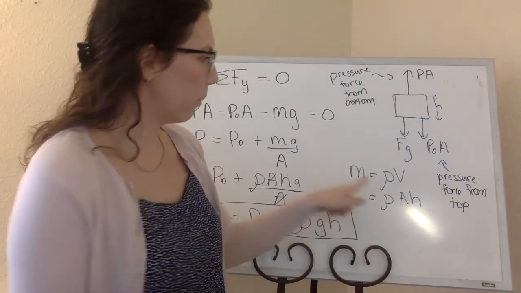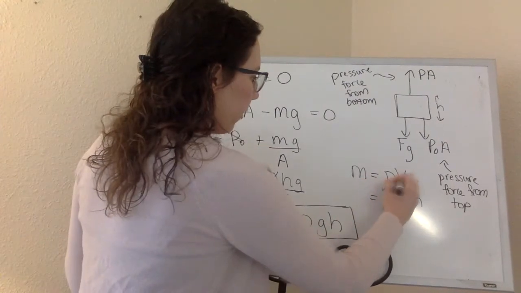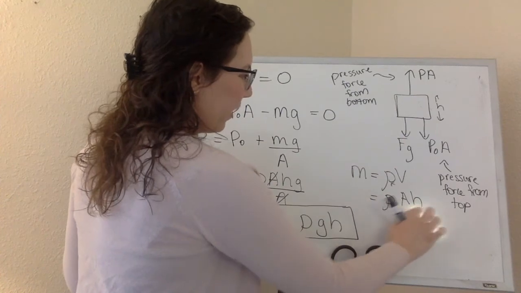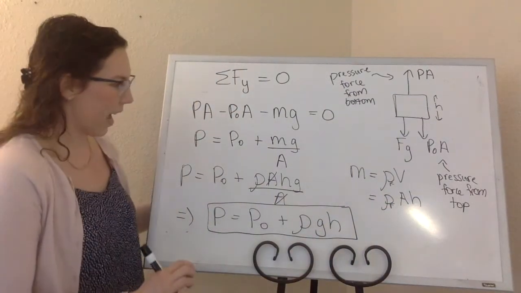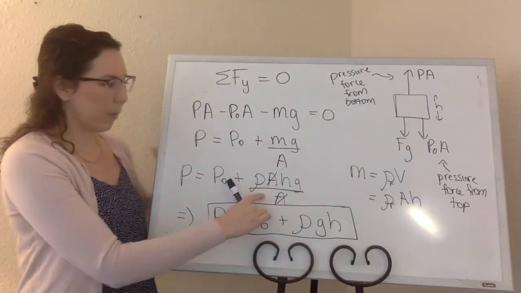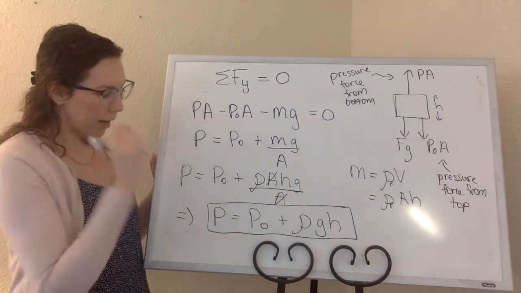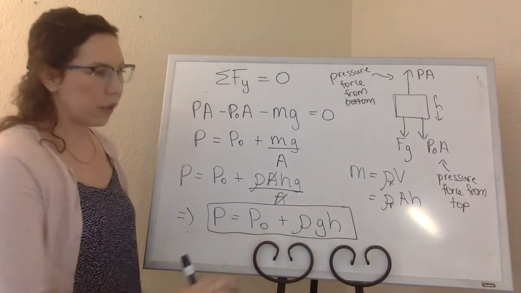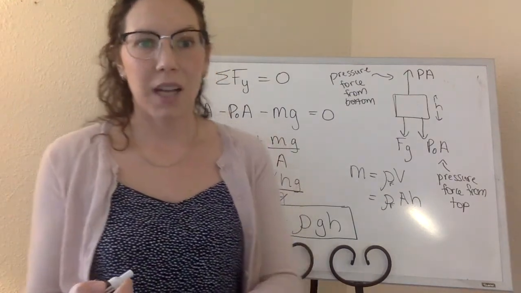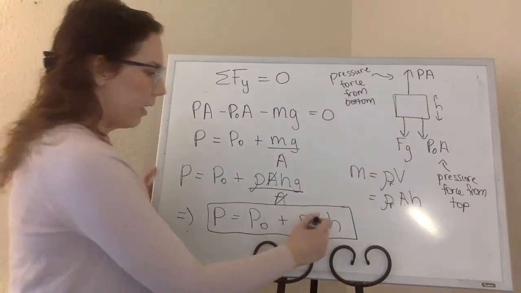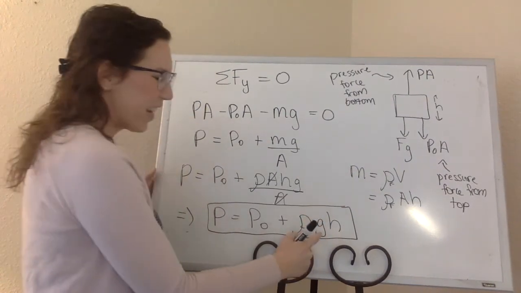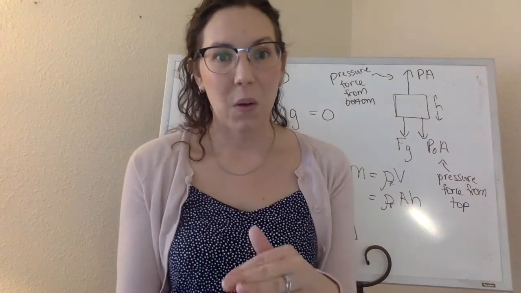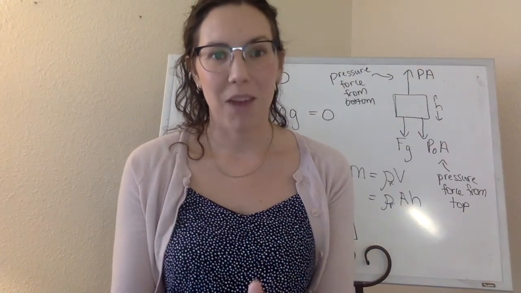So the mass will be the density of the fluid, I'll put subscript F for fluid, times the volume, which is the area times the height. If I plug that in here, we see that area cancels, and I end up with the pressure at depth H equals P naught, the pressure at the top of the region, plus rho, the density of the fluid, times g, times H, which is the depth in this case, or the total height of that fluid region.